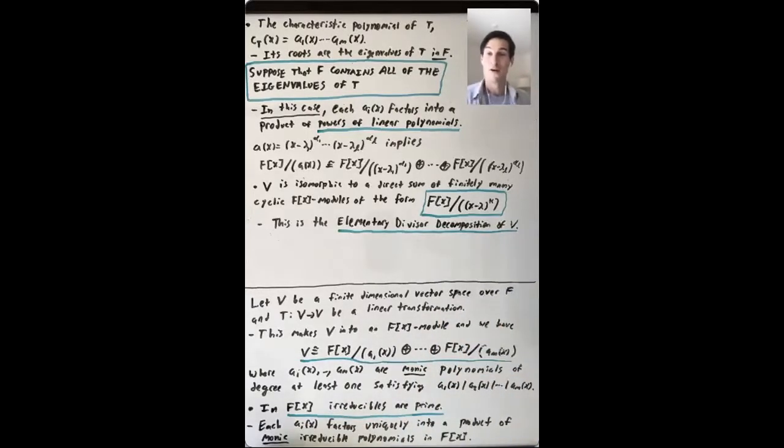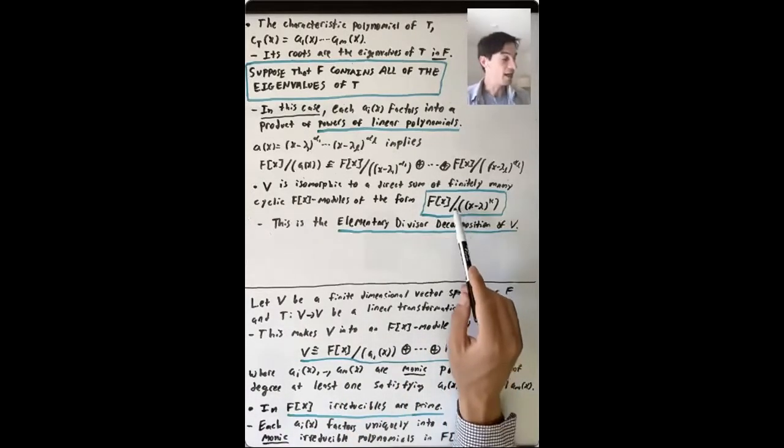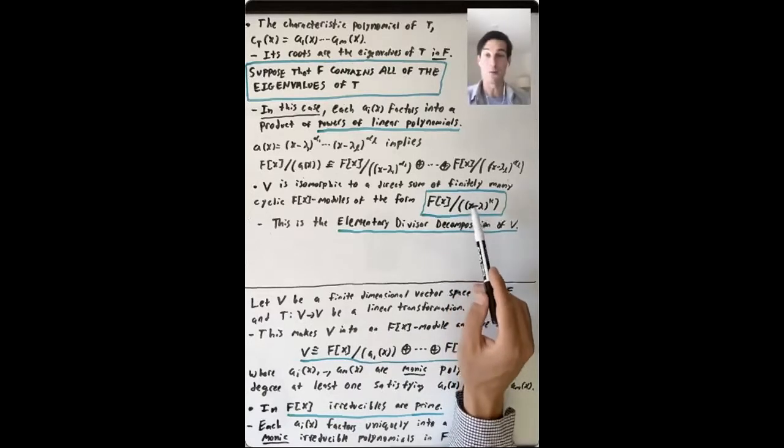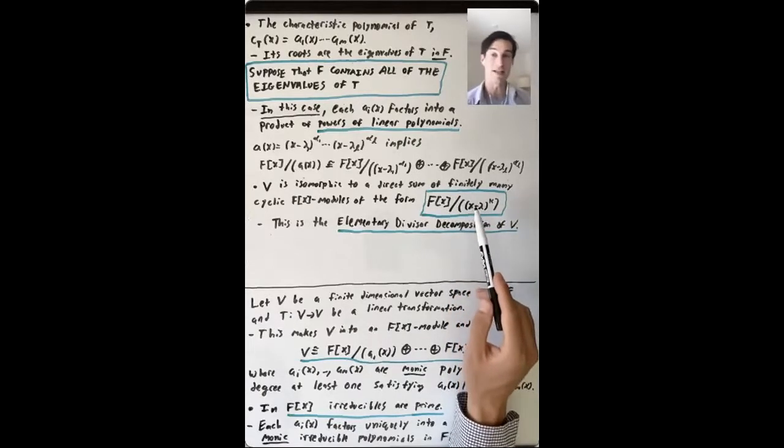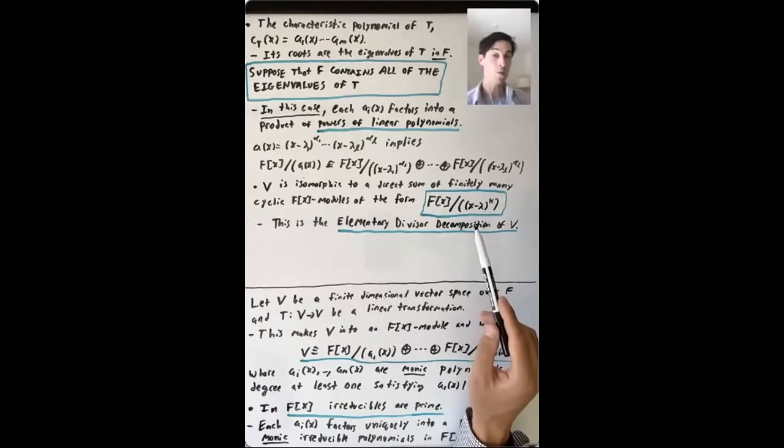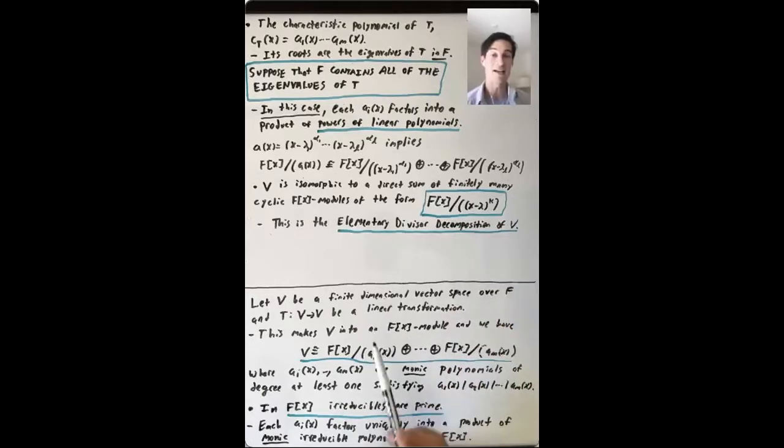So once we knew that we had this invariant factor decomposition of V, the next thing to do was to choose a good basis for each one of the pieces in our decomposition such that we get a corresponding basis of V for which the matrix of T with respect to that basis has a particularly nice form.